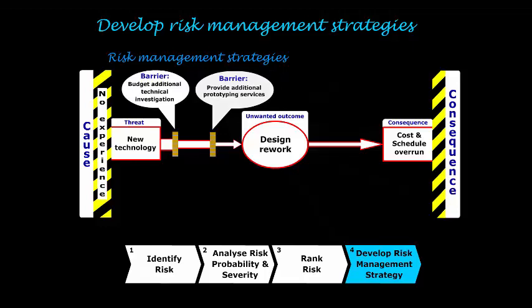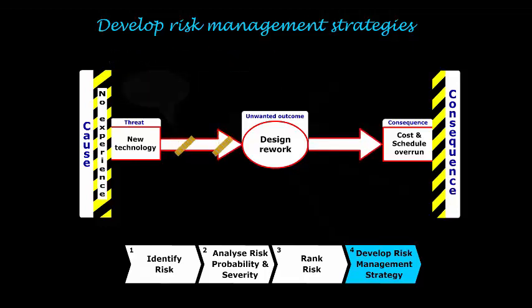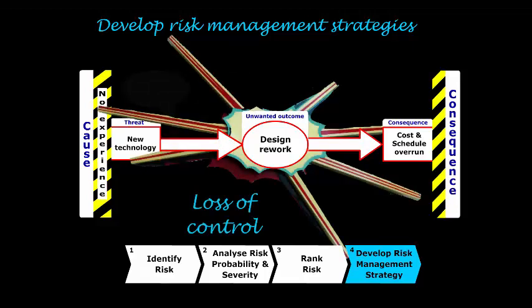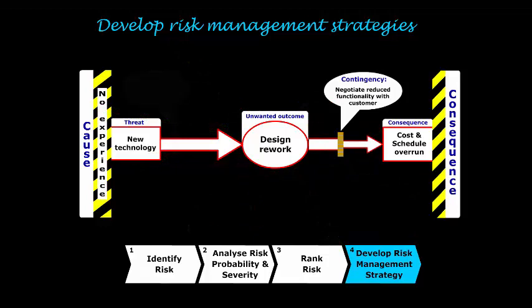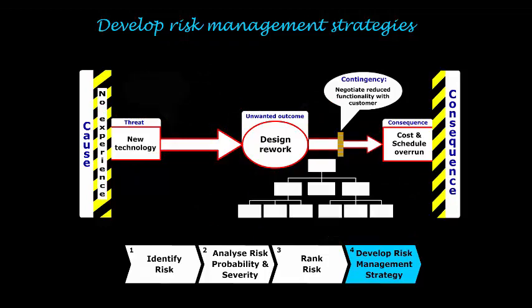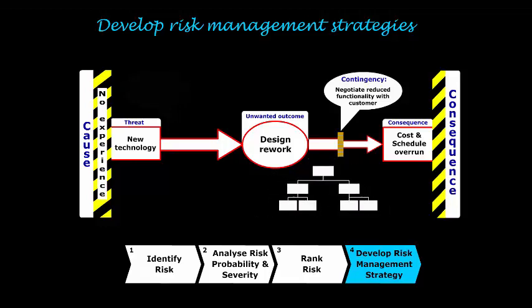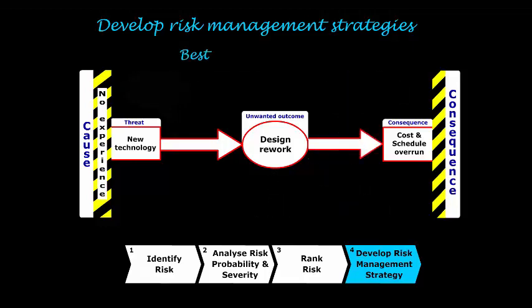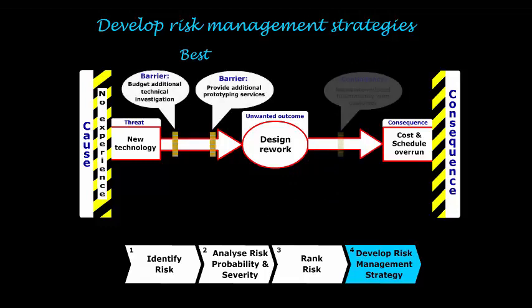If we accept the risk, which means we don't introduce barriers, or if the barriers we do introduce fail, and we do experience the loss of control, we can still reduce the severity of the consequence with a contingency plan. In this case, to make our delivery deadline, we could deliver a subset of system functionality. That is, the critical set of functions the customer needs on day one. With these strategies, we hope for the best but prepare for the worst.